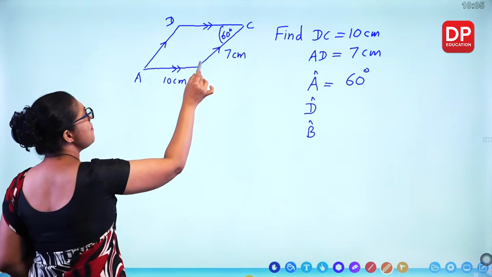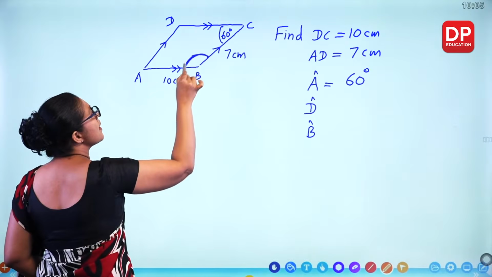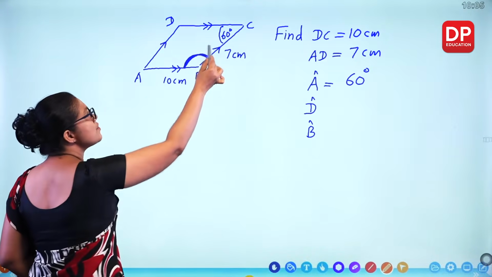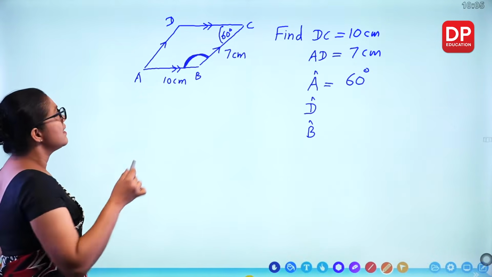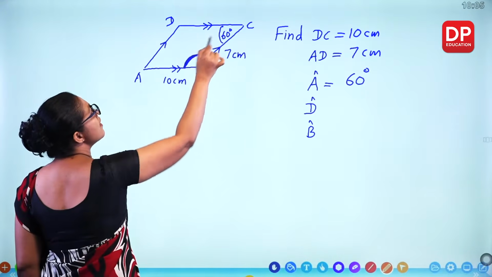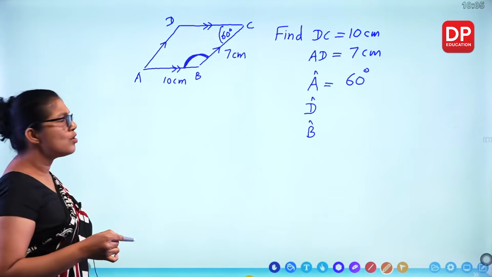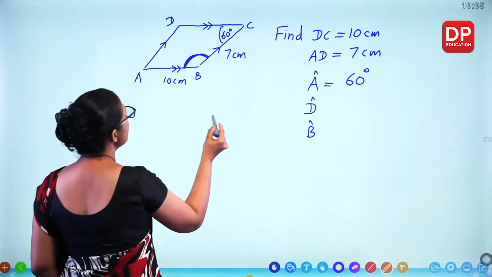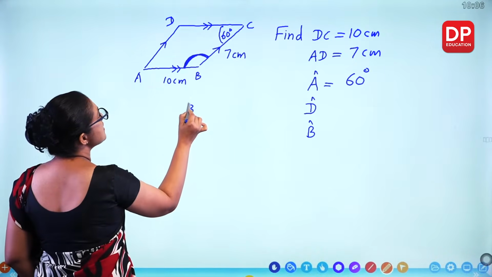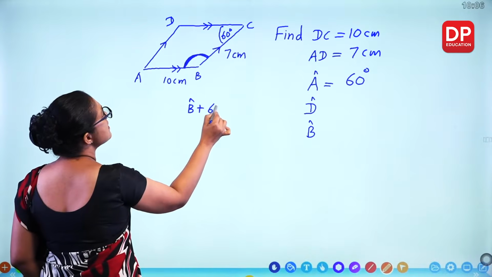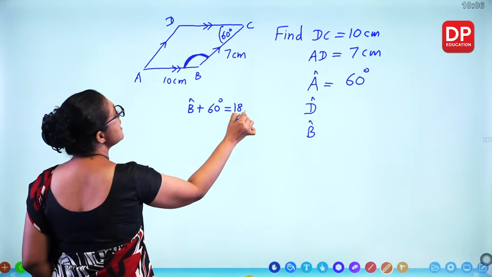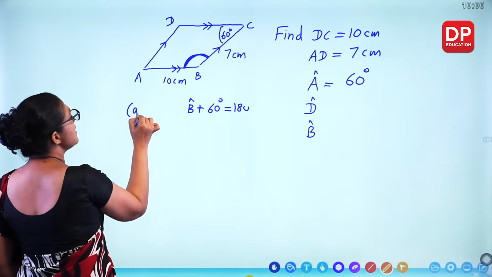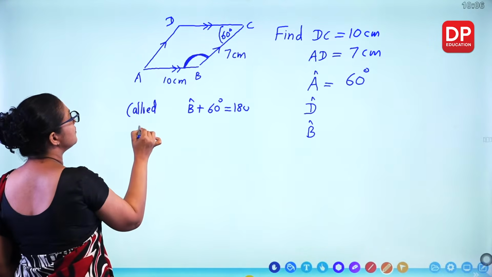How can I find B? I can find B using allied angles. This is a parallelogram, so allied angles add up to 180. So I can write B plus 60 is 180. What's the reason? Allied angles.